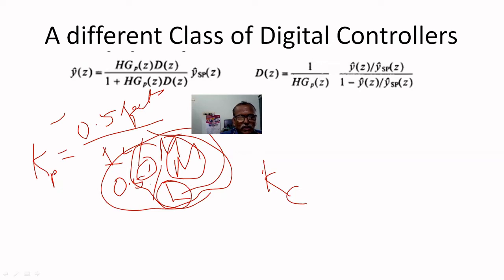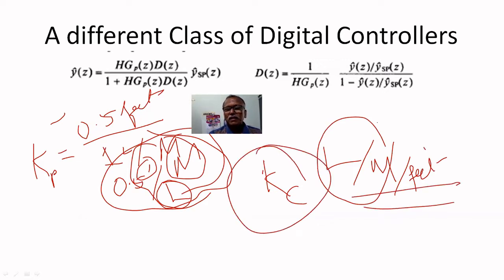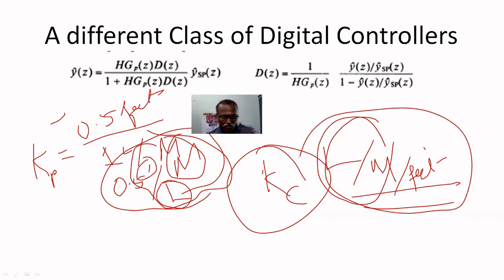To make it unitless, the controller output must be so many liters per minute, because it manipulates the inflow rate, per feet, like that it will come. So here the controller gain will be in engineering units, which is very difficult to find.